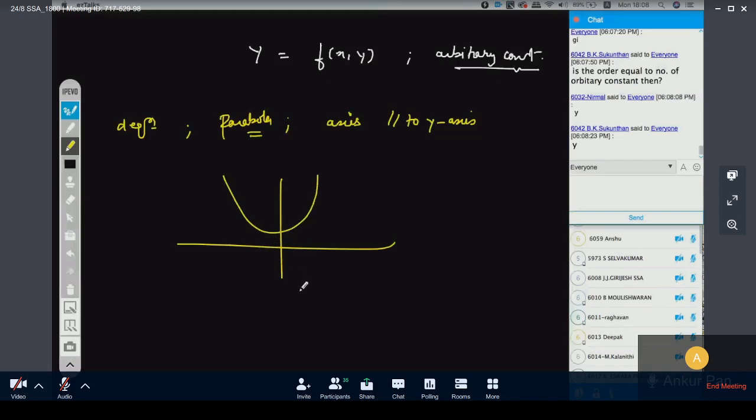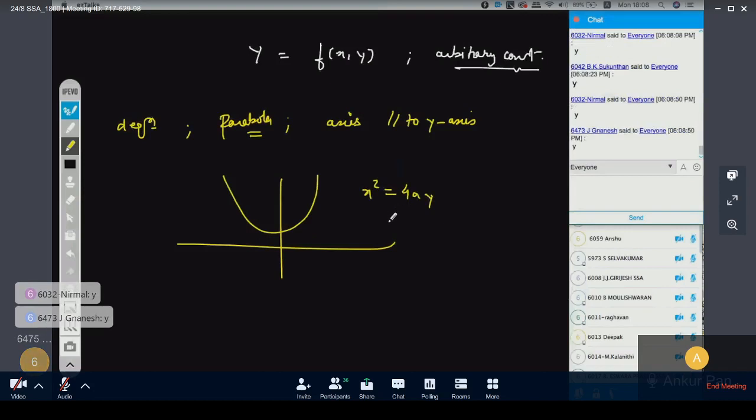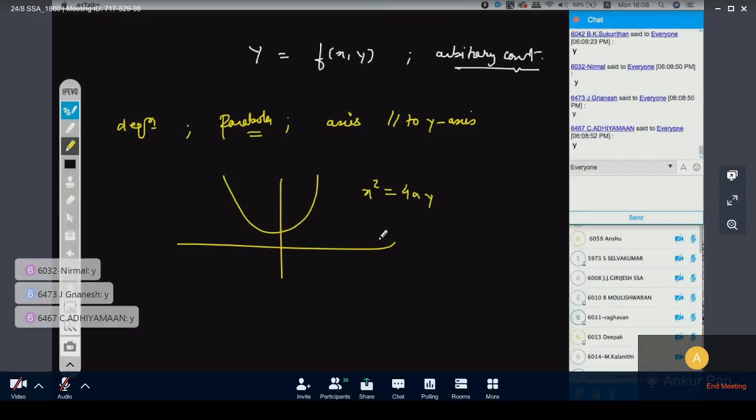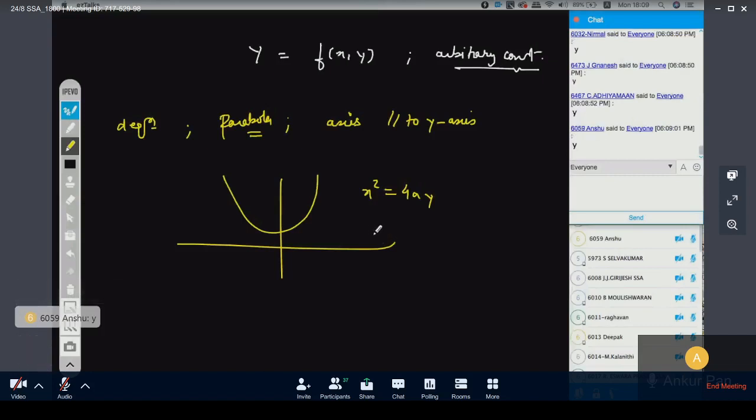What should be the equation? x square equal to 4ay. Am I right with the equation? Is this axis included?